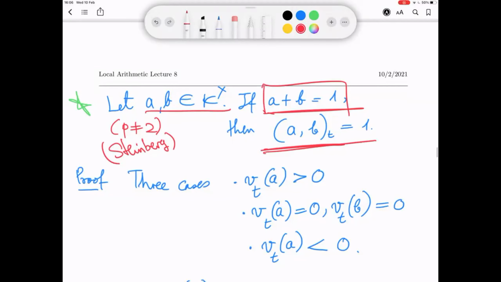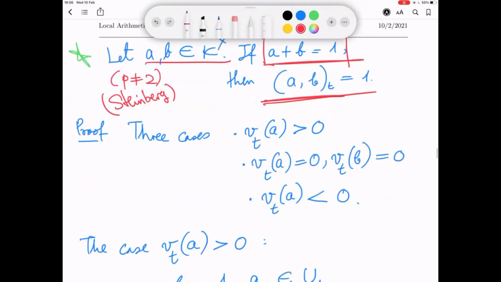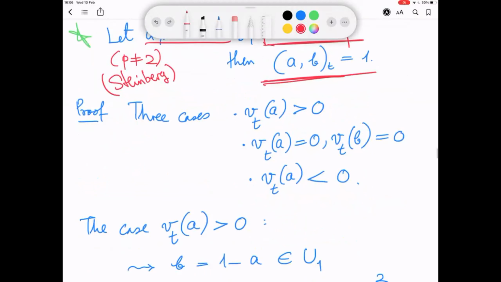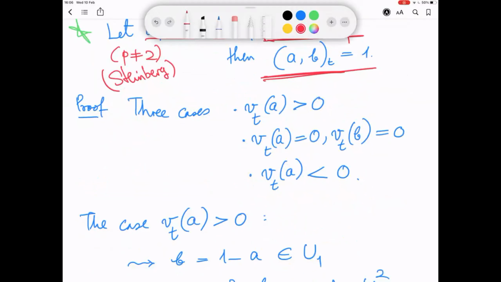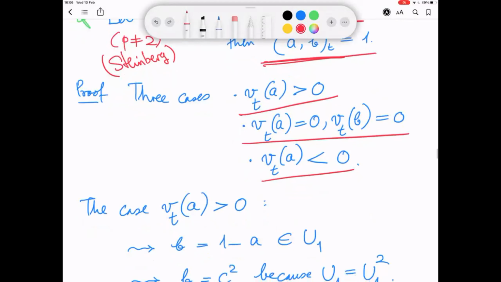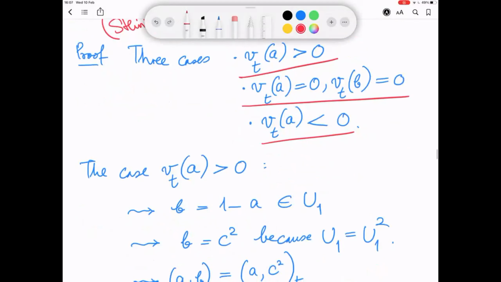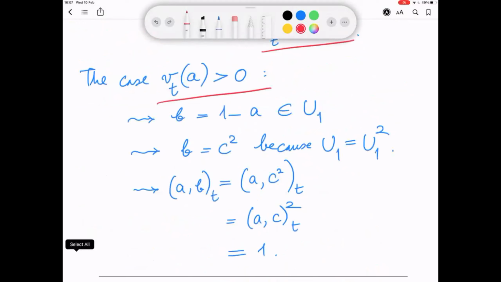So as earlier, we can prove it by a case analysis. So up to interchanging A and B, either the valuation of A is strictly positive or it's strictly negative, or both the valuations are equal to 0. So the proof is really similar to what we have done earlier. And let's consider this case, for example, right?